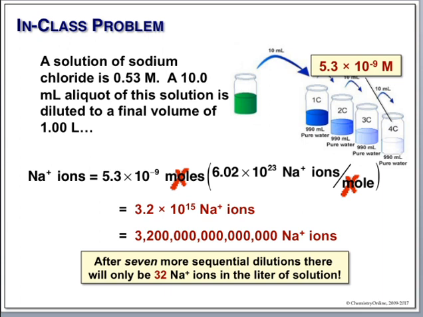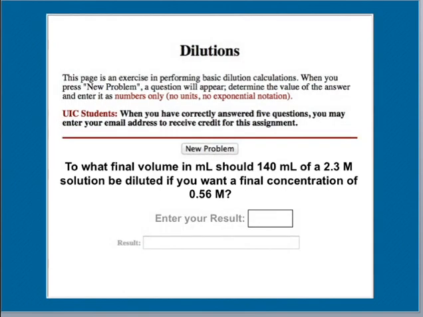Well, there is a dilution tutorial. We're looking for our final volume. 140 mils, that's our initial volume. 2.3 molar, that's our initial concentration. 0.56 molar, that's our final concentration. Remember, V1 C1 equals V2 C2.